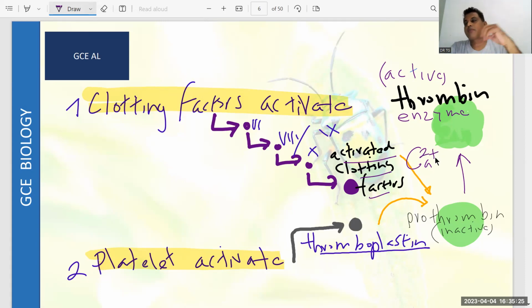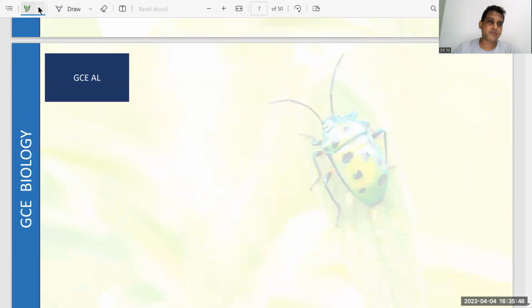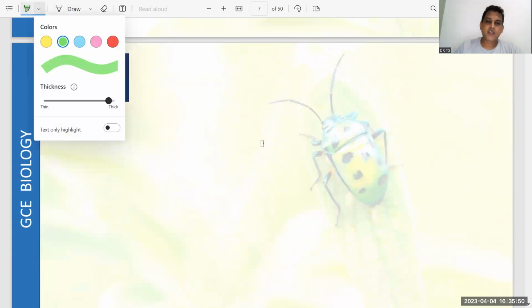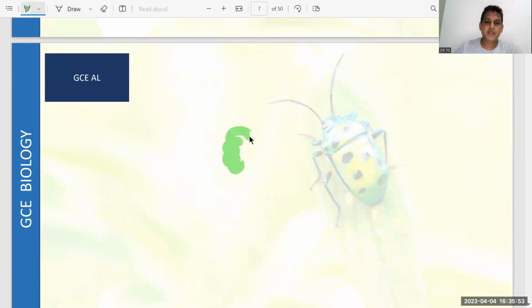Now you see the importance of platelets and clotting factors. These activations are required to convert prothrombin into thrombin. Now thrombin is active. If thrombin is active, what is the effect of thrombin? This is thrombin.